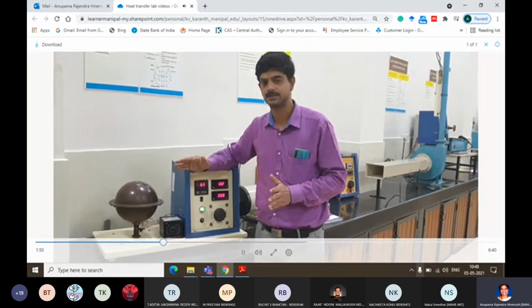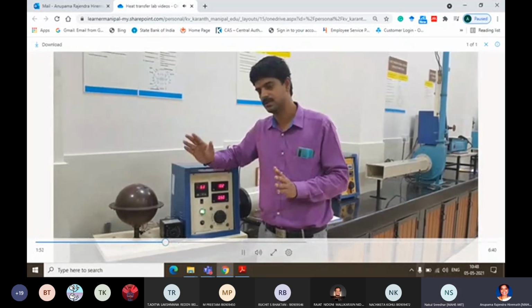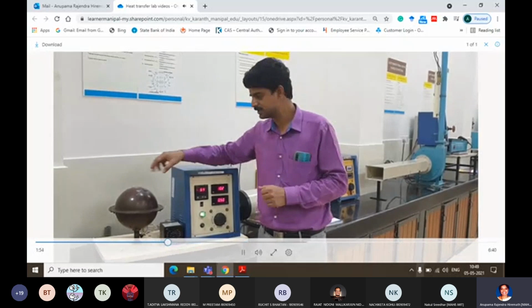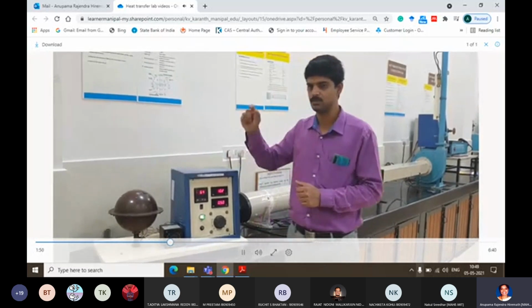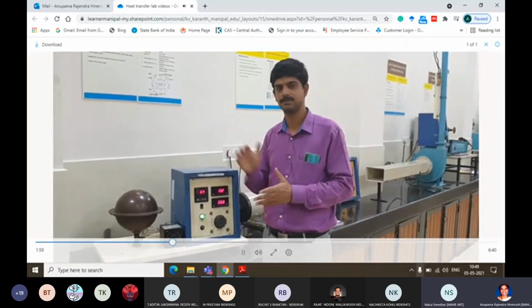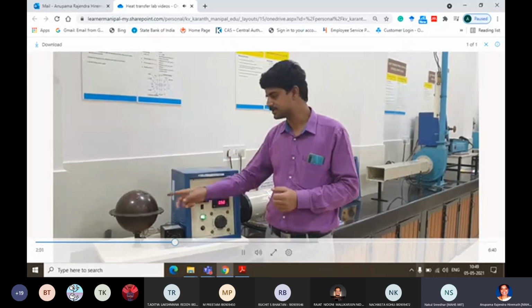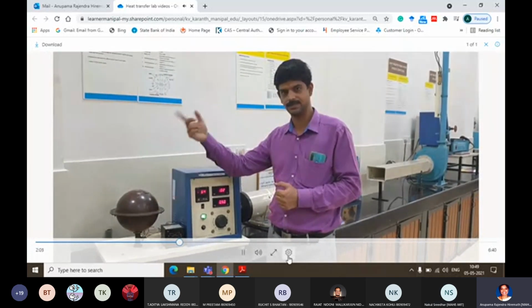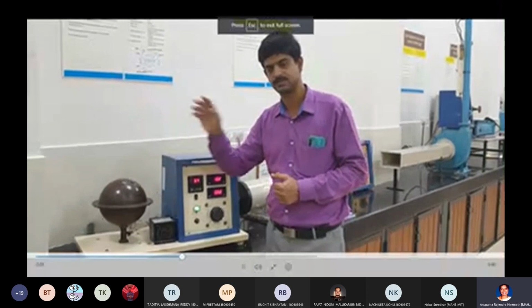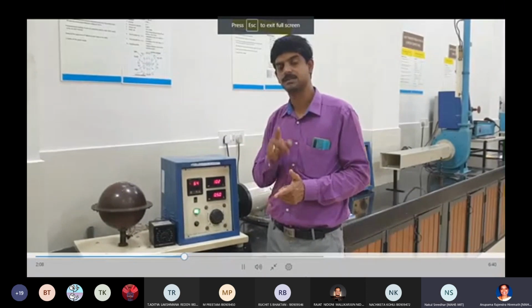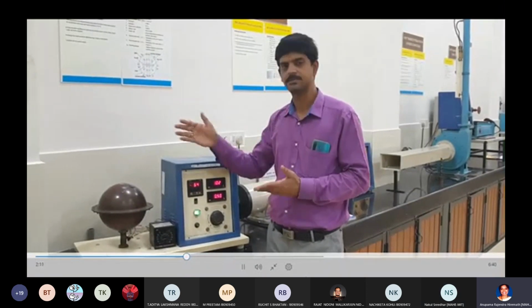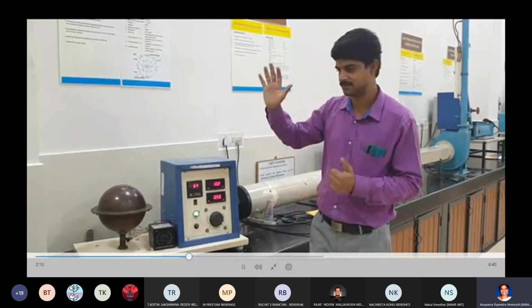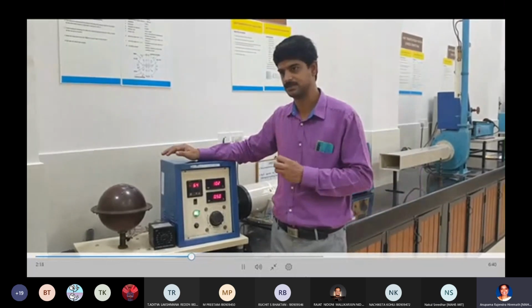We have a fundamental equation wherein, to find the heat transfer by conduction in a spherical coordinate in one dimension, all I need is the thickness of the insulation, that is the difference between the outer radius and the inner radius of the insulation, as well as the thermal conductivity and the temperature difference across which heat transfer takes place. So these are the three key parameters.